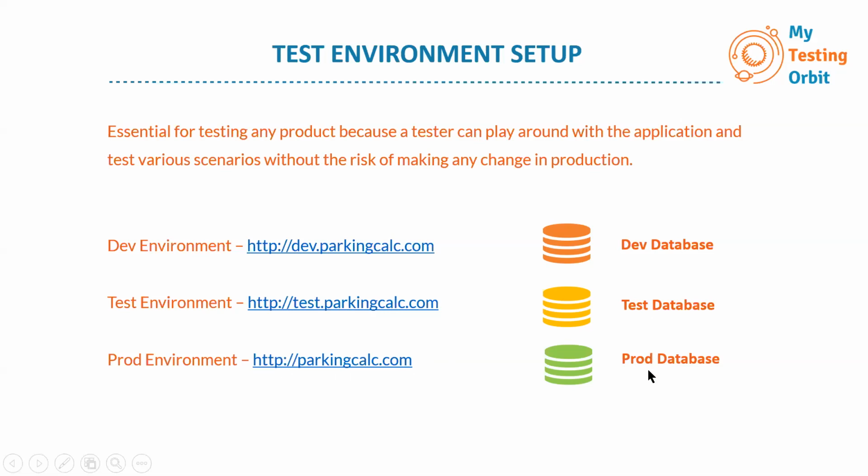Okay, so why do we need separate databases? We understand that we need different environments, different servers for each stage: dev, test, prod. But why do we need different databases? Why can't we just have one database and link it to all the servers? The reason is that the data would be different.